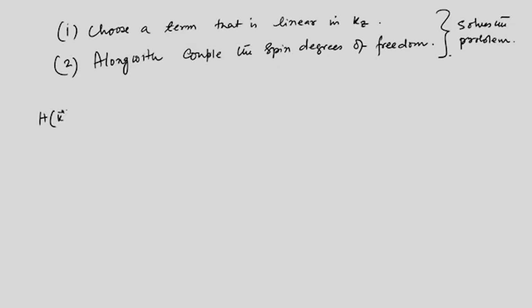Okay. So, the Hamiltonian takes a form which is equal to epsilon k, that is the band structure of the problem.